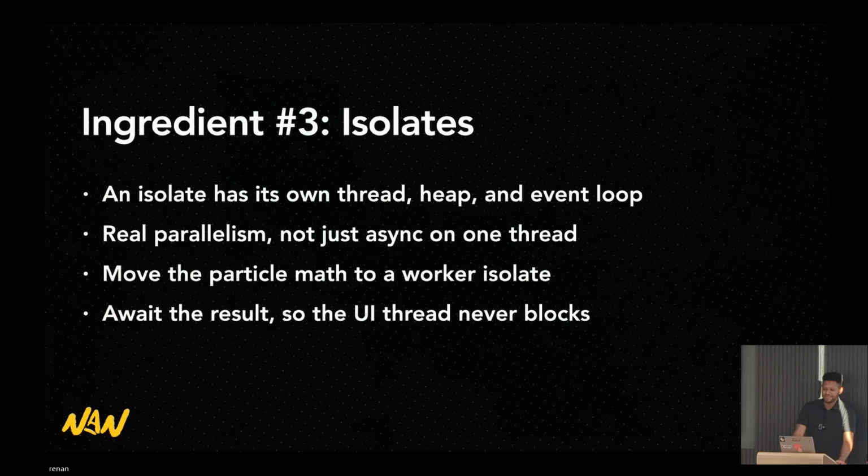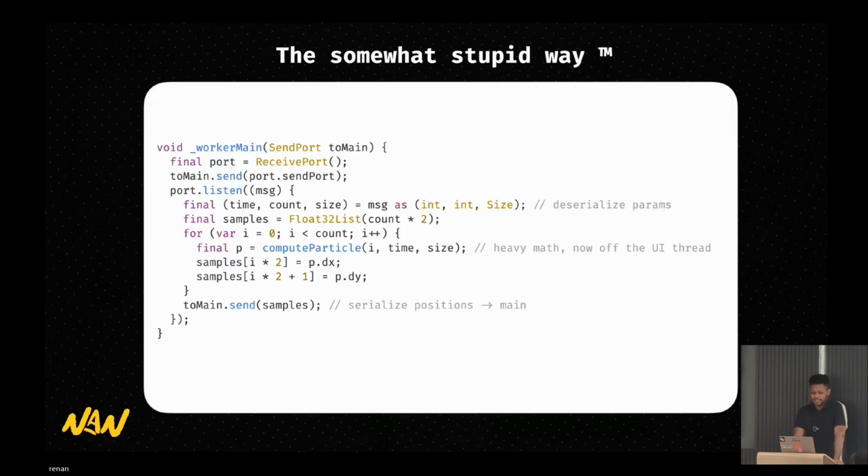As a consequence, you cannot share instances of objects. So in this first trial, to make things more optimal, we can delegate the calculation of the particles' positions to the worker isolate, and then the main isolate can keep rendering the UI without any jank.